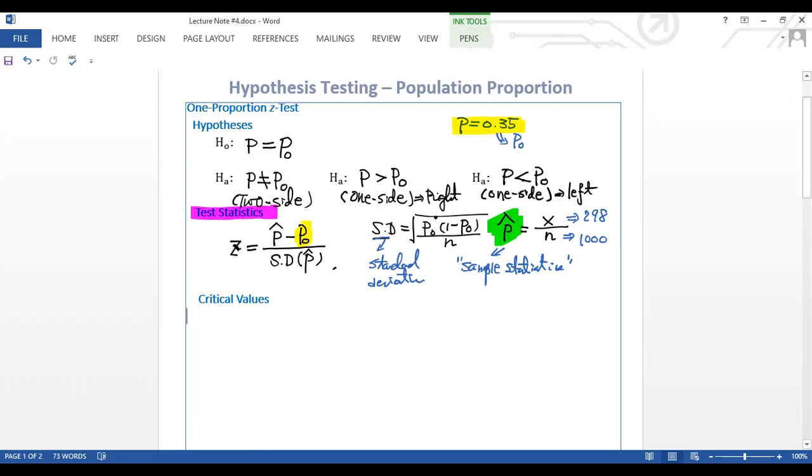You put the values into this formula, then plug that into here, and you can get your Z. After you get your Z, you can either use the p-value, or if you don't know how to use the p-value, you can find the Z and then compare it to the critical values here.